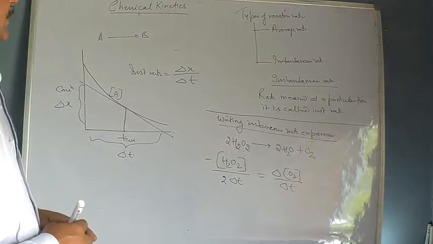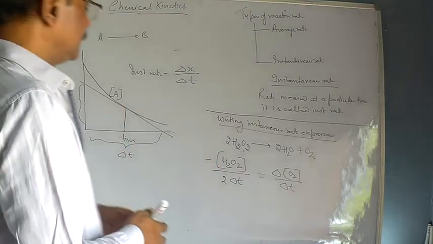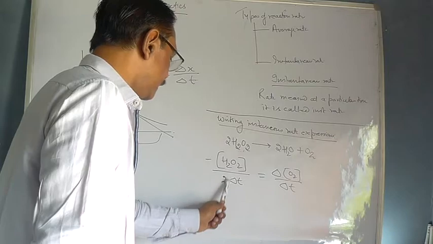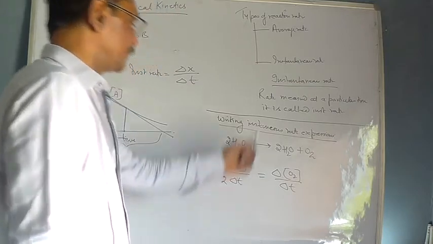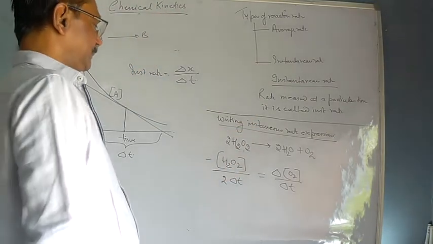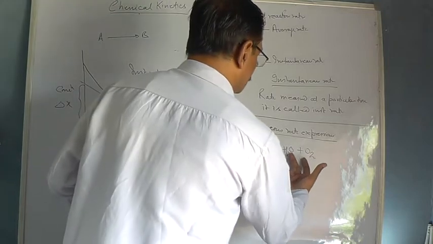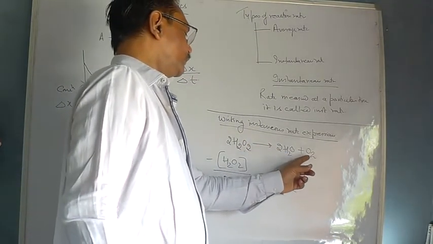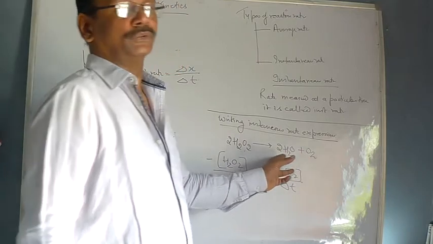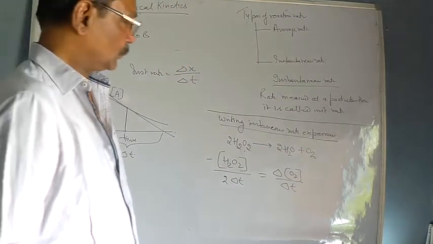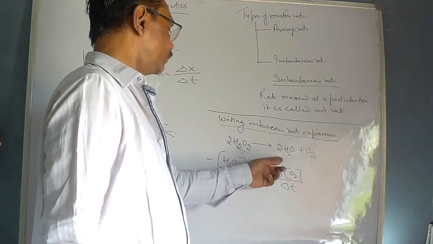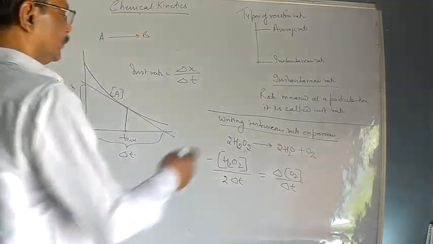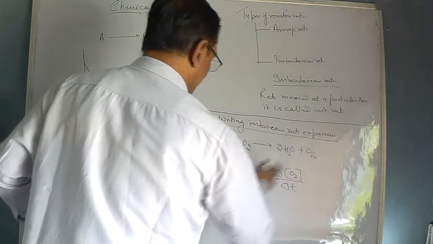So class, what we discussed, the same thing, that rate of formation of O2 is half of the decomposition of H2O2. Similarly, class, if we consider these two products, time required by formation of 1 mole of O2 is equal to time required by formation of 2 moles of H2O. So class, in the meantime, when 2 moles of H2O are formed, only 1 mole of O2 is formed. So for these two, we can write another expression here.